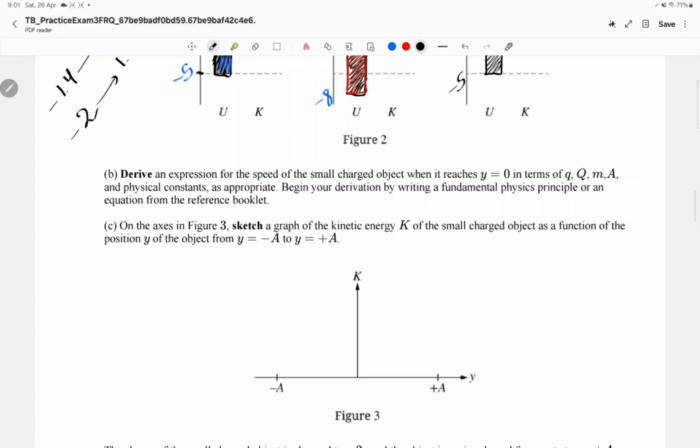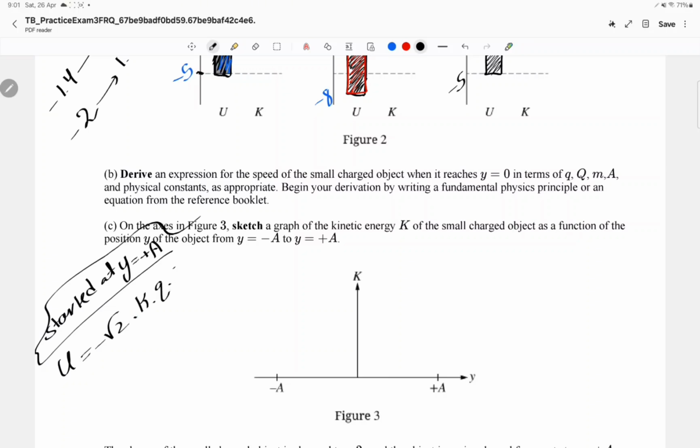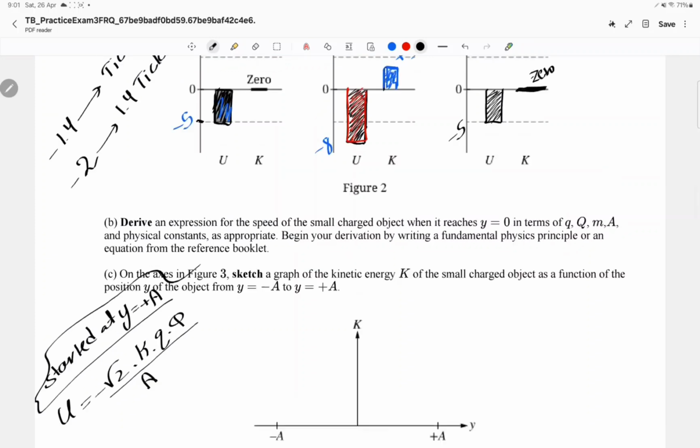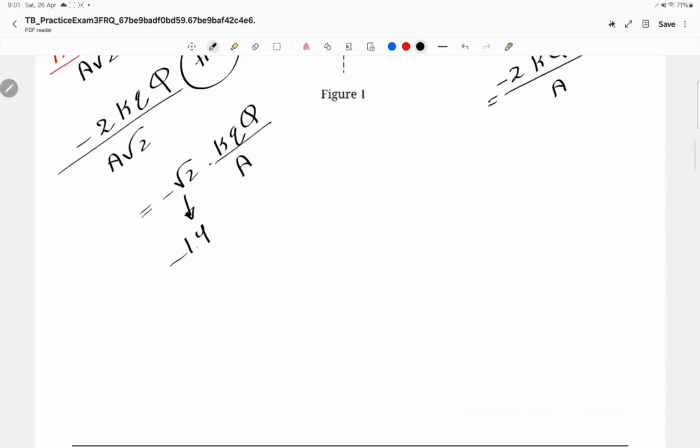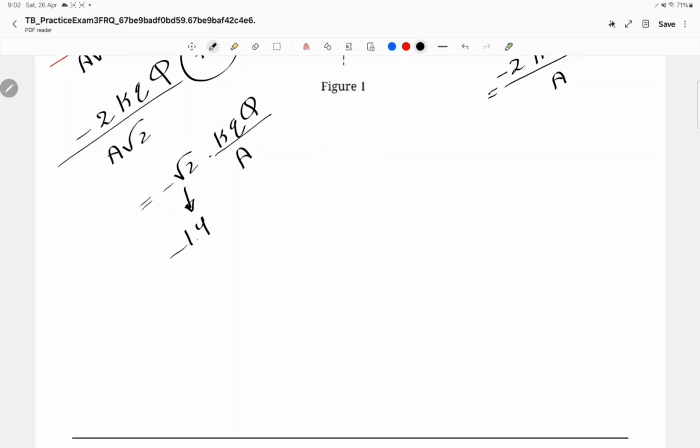So look, originally we started at y is equal to plus a, and I told you already that the u is equal to negative root of 2 k q q over a, if I'm not mistaken. It's not root. Yeah, it is, because 2 over root of 2.